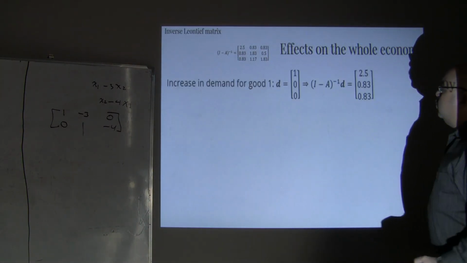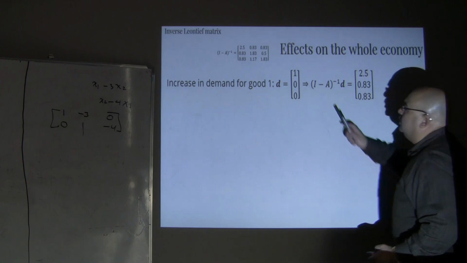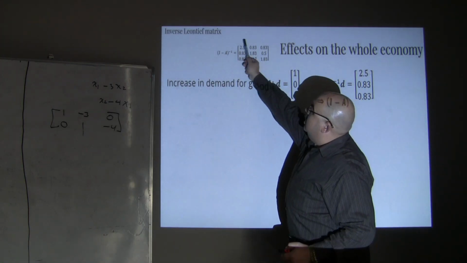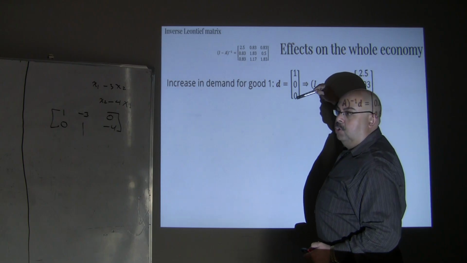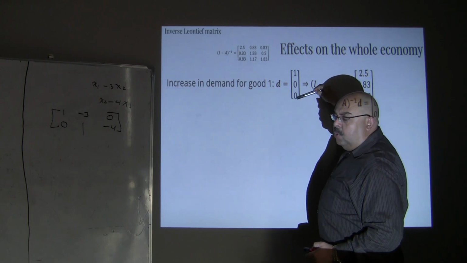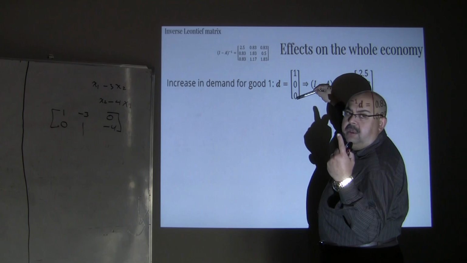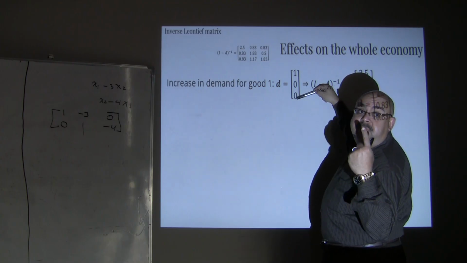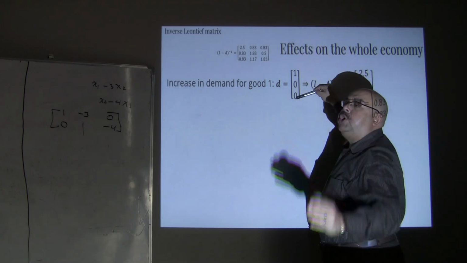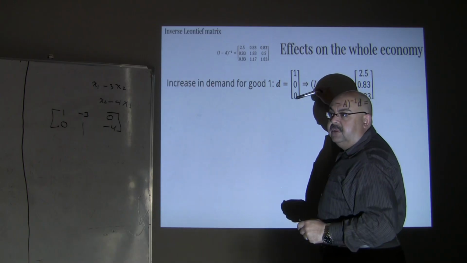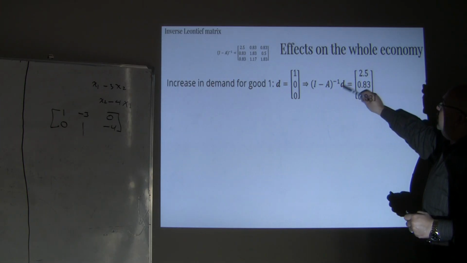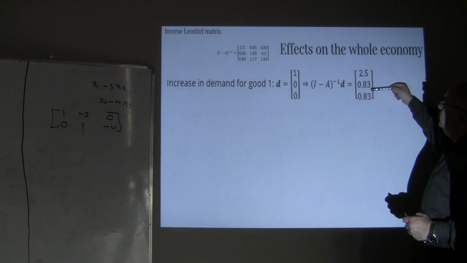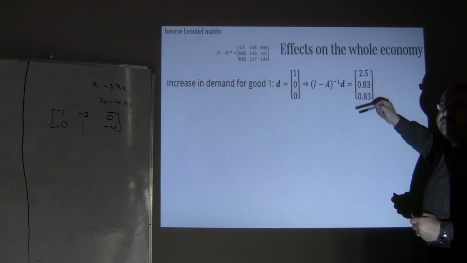So once more, all I have to do is to multiply the inverse Leontief matrix by (1, 0, 0) for the first sector, which means what's the effect of having one monetary unit from the first sector on the total economic system. So all I have to do is to multiply this vector by that matrix. And the result will be 2.5, 0.83, 0.83 in this case.